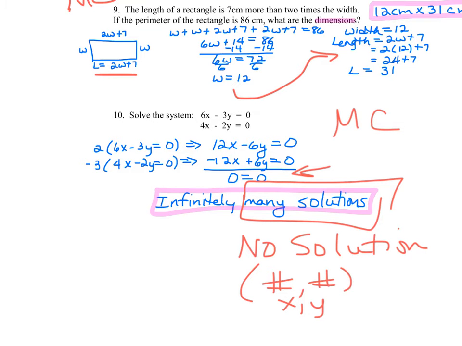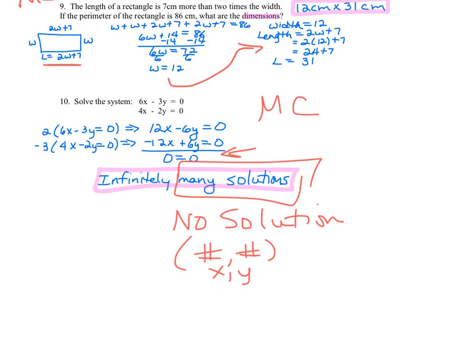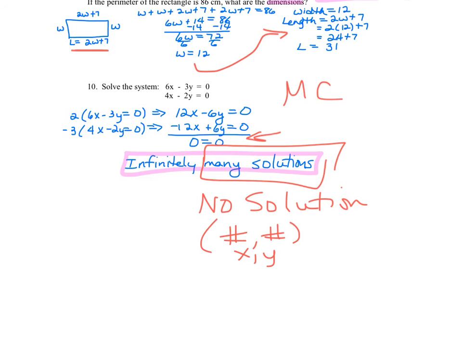Later on in the study guide, we had another one of these where once we canceled the variables, we were left with 0 equals 4, which is nonsense, and that produces the no solution answer. So understand what you're looking for here. If you would have solved and actually got a value for X, and then you would have plugged it in to get Y, that's when you would get the 1 solution.